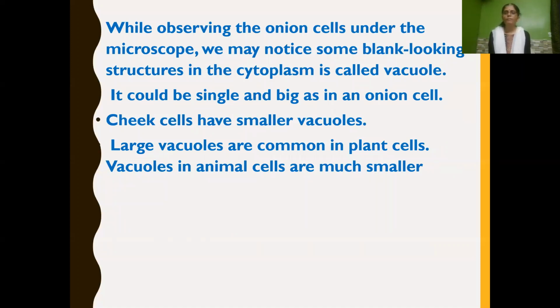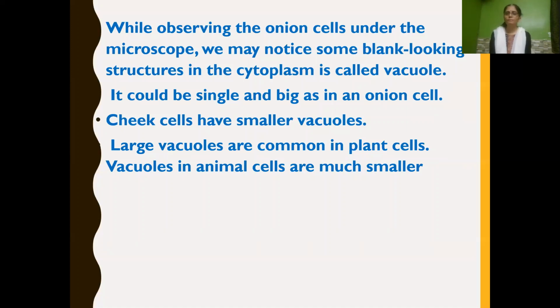When we observe onion cells under the microscope, we may notice some blank structure in the cytoplasm, which we call a vacuole. So what is a vacuole? In the cytoplasm, it is one of the cell organelles, and a vacuole is nothing but a blank space which has a membrane bound structure.